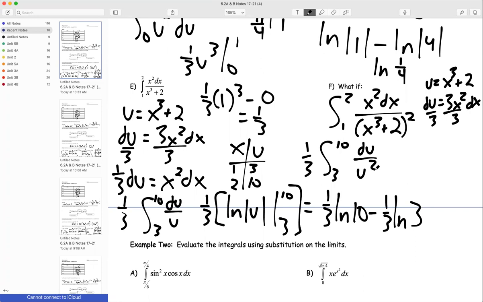And so that was one of my rules, rule number 4, common mistake alert. This is not going to be a natural log because my degree in the denominator is not 1. Instead, I'm going to write this as 1/3 the integral from 3 to 10 of u to the negative 2 du.